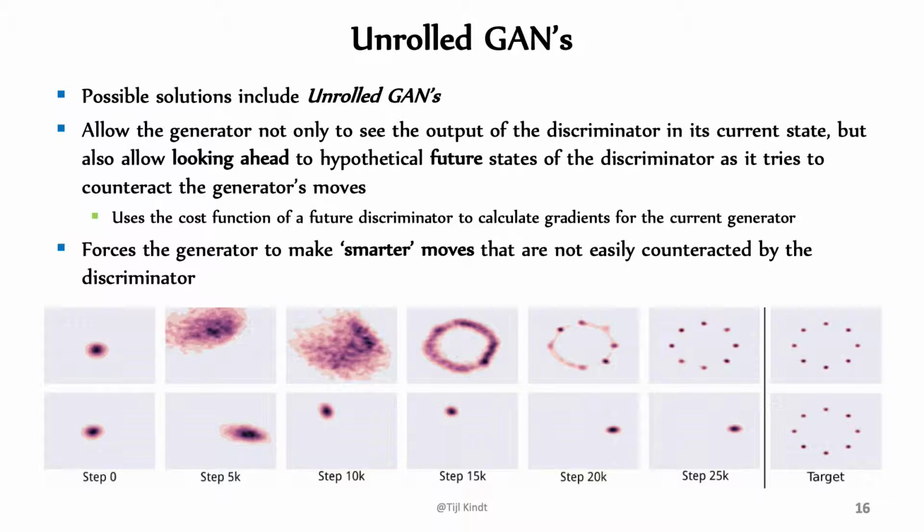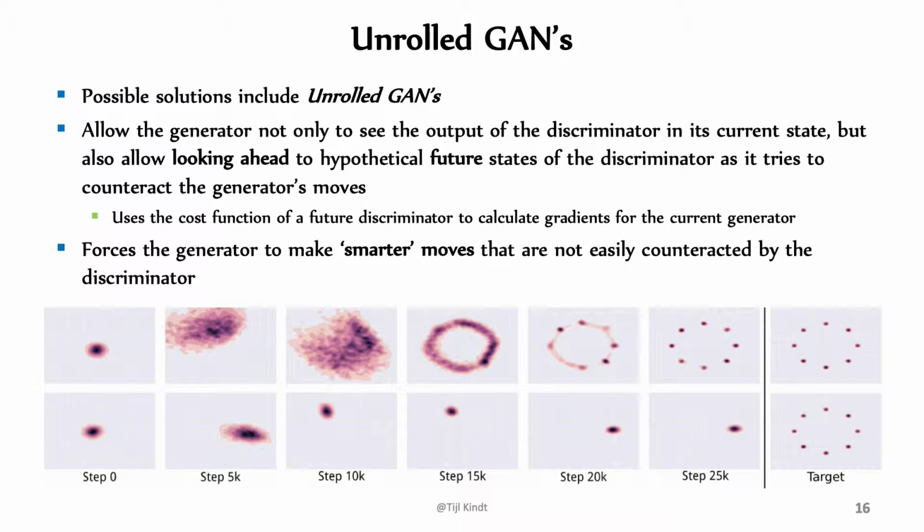So basically you're looking 5, 10, 20 steps ahead with the discriminator, and instead of trying to make the best move for what the discriminator might do now, the generator is forced to make the best move with respect to what the discriminator will do in future steps.